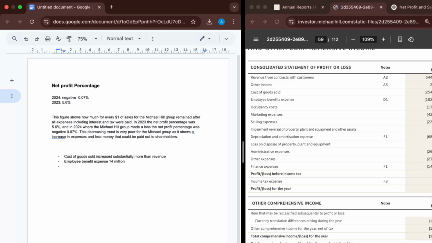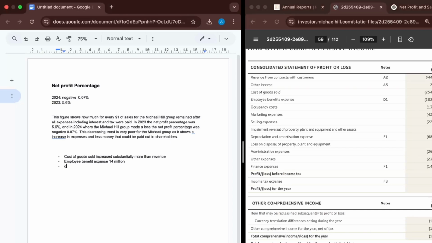There's been quite a big decrease in the impairment or reversal of property, plant, equipment, and other assets, but again, the change has been pretty insignificant in the grand scheme of the income statement, so we're probably not going to touch on it. This here looks a little bit bigger. We've had a change in our depreciation and amortization expenses of around 11 million, so we'll definitely note that down.